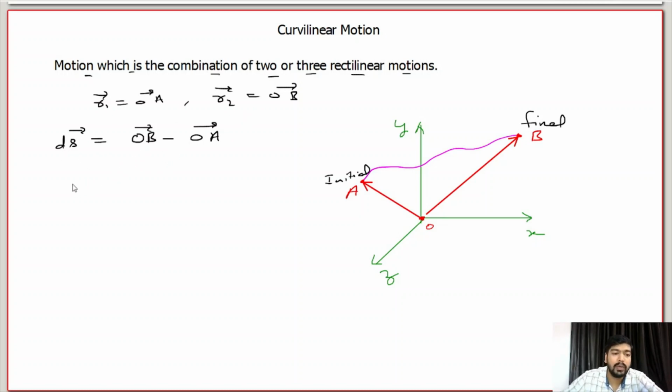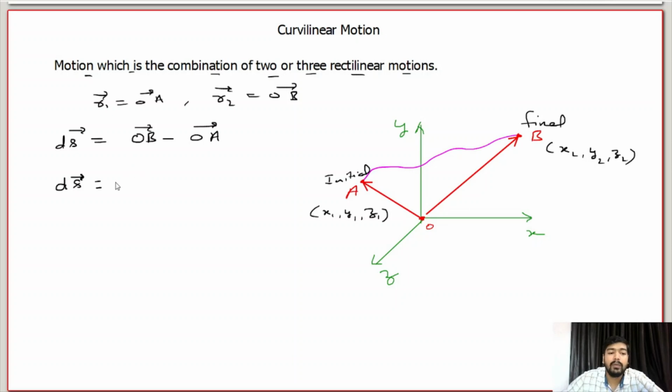So what I'll do is convert this into x, y, and z. Suppose the coordinates of this point are x1, y1, and z1, and the coordinates of point B are x2, y2, z2.